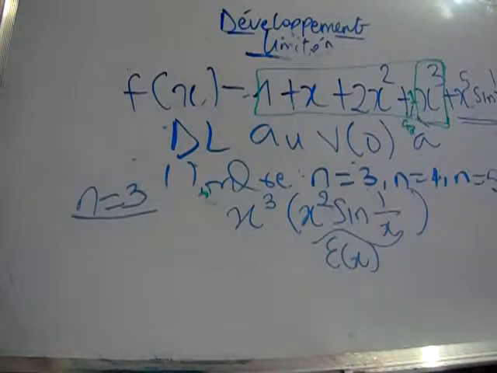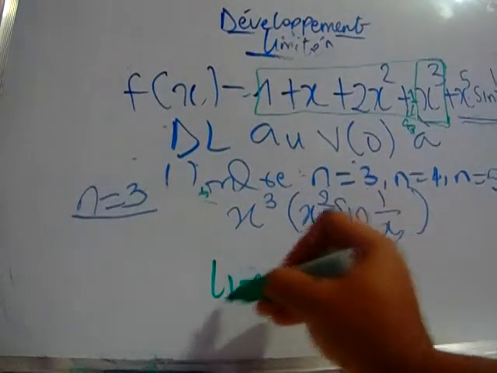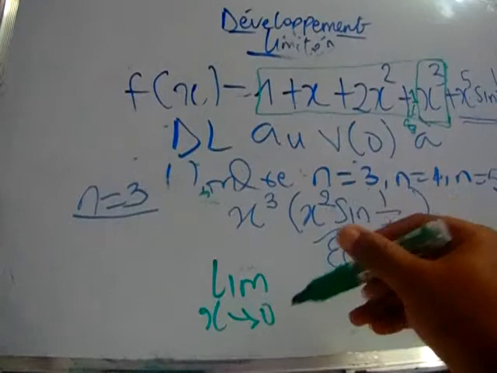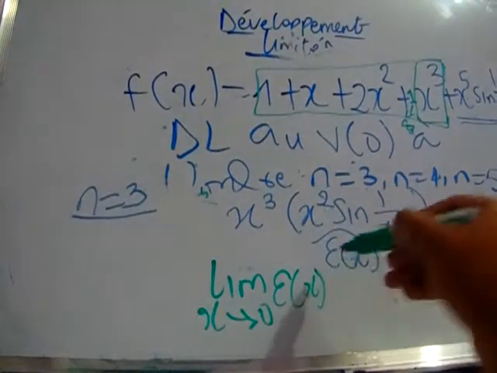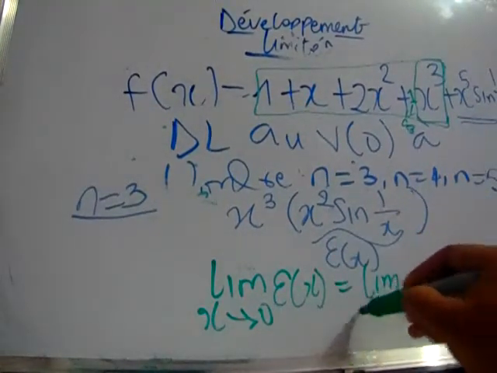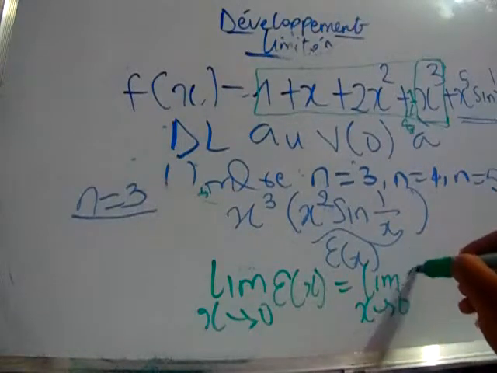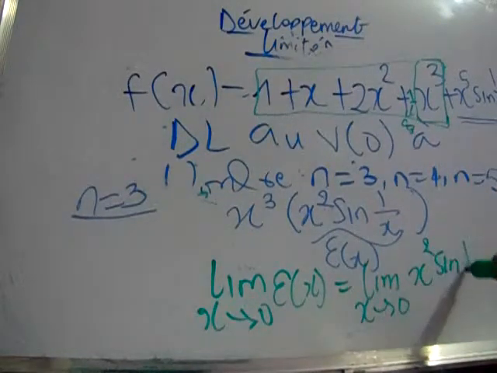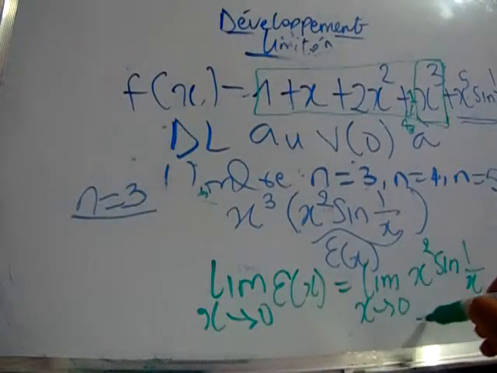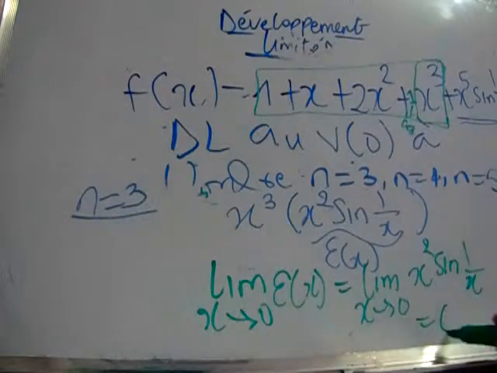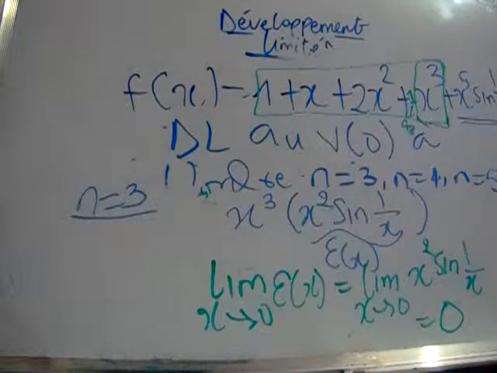To calculate the limit of the function, the limit when x converges to 0 of epsilon of x will be equal to the limit when x converges to 0 of x squared sine of 1 over x. And this is equal to 0. I'll tell you why.